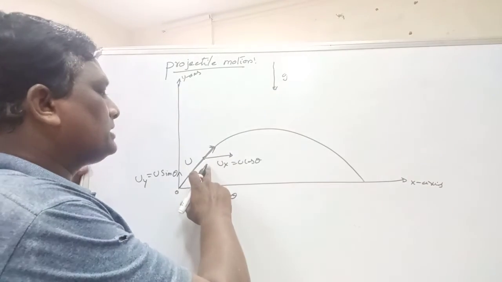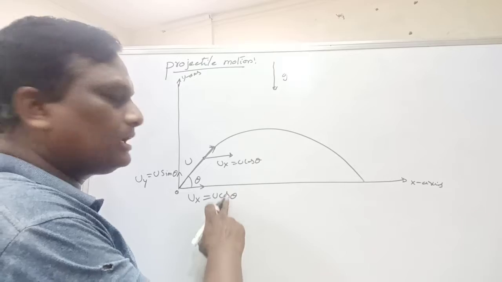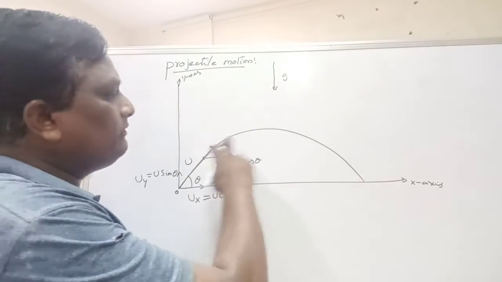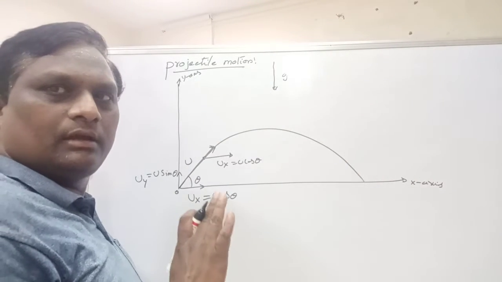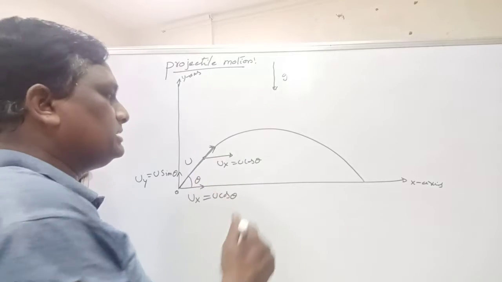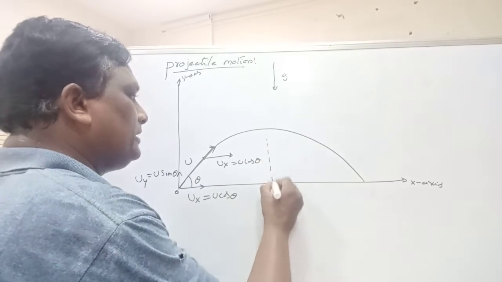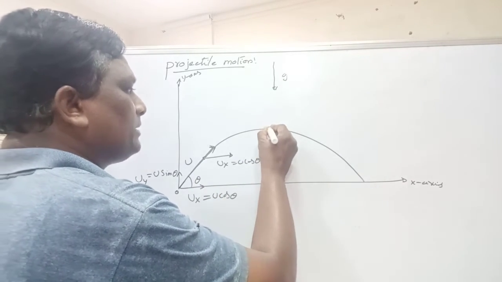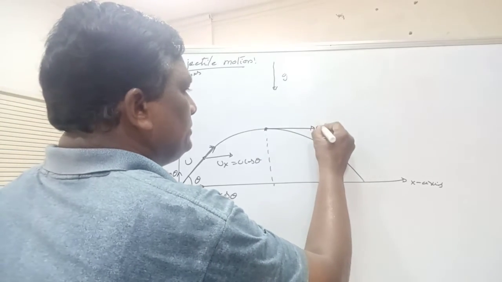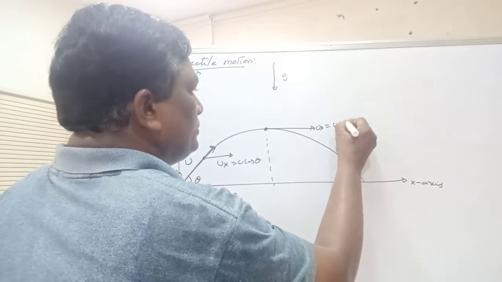Whatever velocity is there initially, that is u cos theta, here also u cos theta. Anywhere you can check, the horizontal velocity does not change. Even at its maximum height, horizontal velocity ux is equal to u cos theta only.